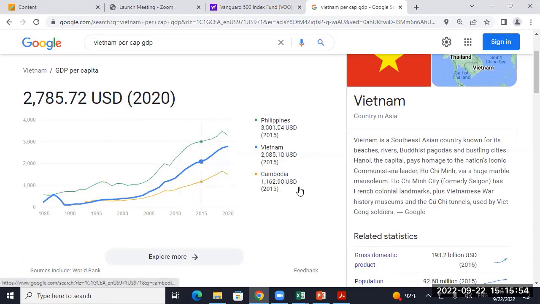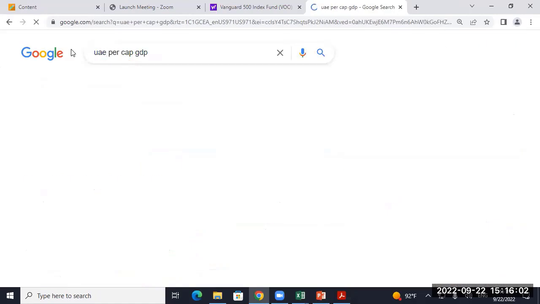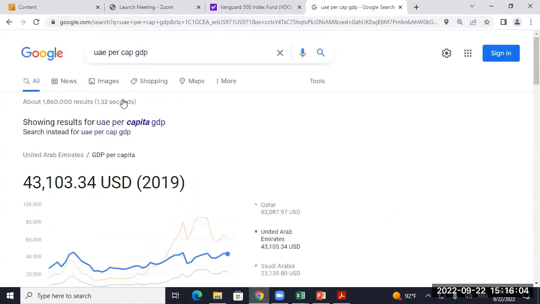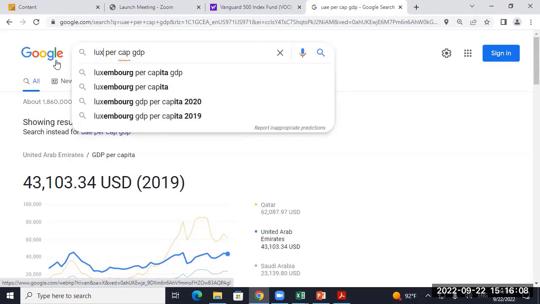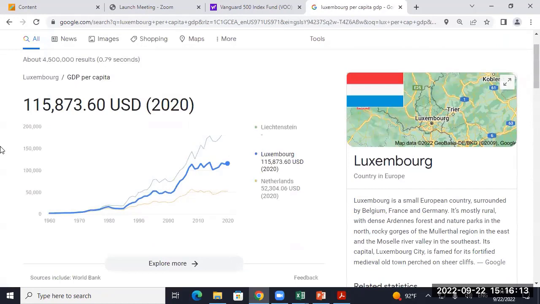There's the Philippines, Cambodia. Any countries y'all want to put in here? Look at UAE. I've been recently. Yeah, that's a wealthy country. That's 43,000. But isn't Luxembourg the wealthiest country out there? Luxembourg, not a very big place.